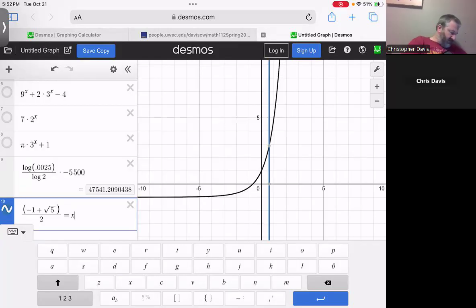All right. There that is. Well, of course that's not right. I left out the log base 2.